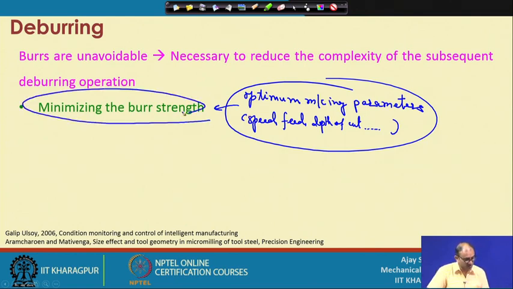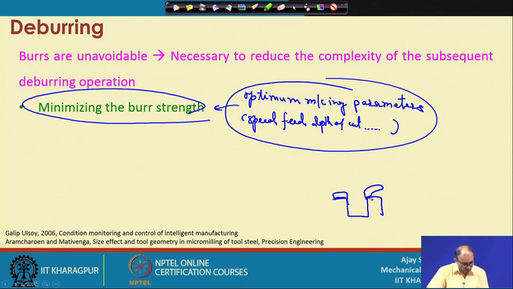Regarding the strength of the burr, suppose this is your workpiece and your burr is formed here. This is the only location where the burr is attached to the workpiece surface, and there is another way the burr may form, something like this. This is the location of the attachment.